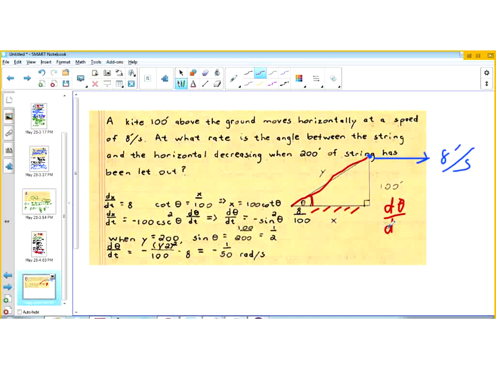And we want to find the change in theta with respect to t, okay? That's the rate at which the angle between the string and the horizontal is decreasing. Okay, and so we want to find d theta over dt when the string length is 200 feet.